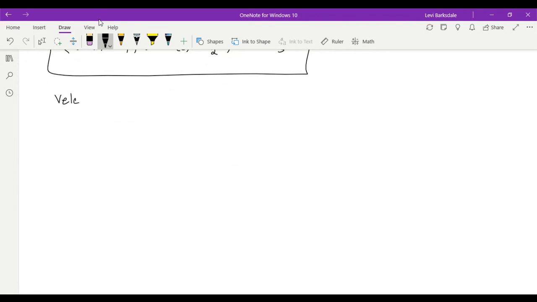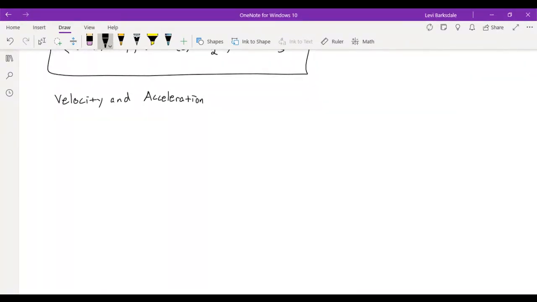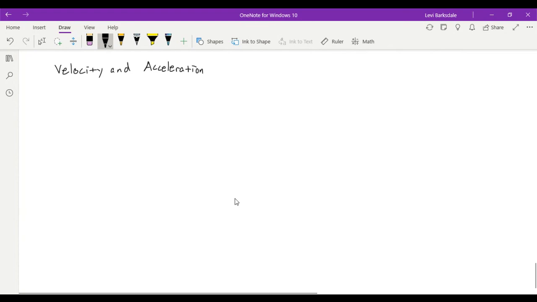So basically, if we let r of t, our vector valued function, be a position vector, well then the velocity vector v of t would be equal to the first derivative.